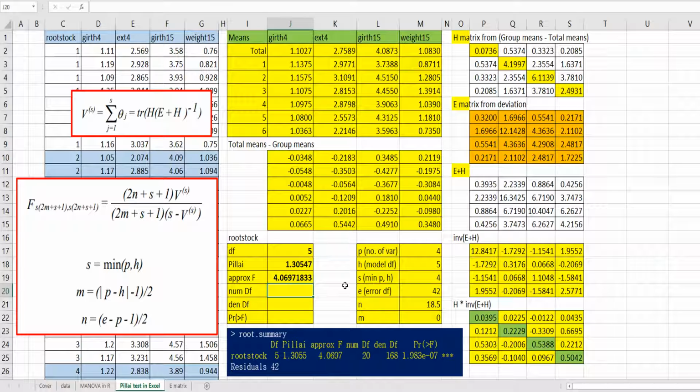Alright, then degrees of freedom for the numerator, this one: s times (2 times m plus s plus 1), and degrees of freedom for the denominator: s times (2 times n plus s plus 1).